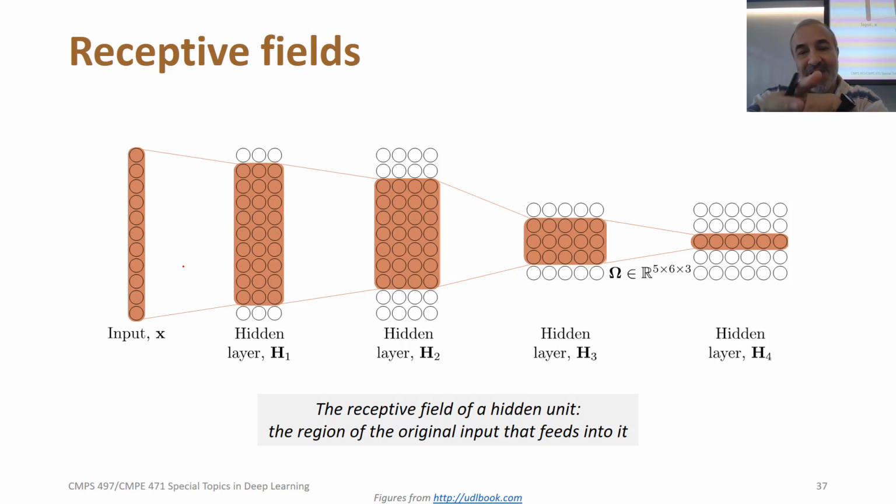So that means that in that specific case, all of these units now have covered, or have seen, the entire input. The intuition here is that the first layer, because it's applied on a very small receptive field, will try to learn patterns on small regions.